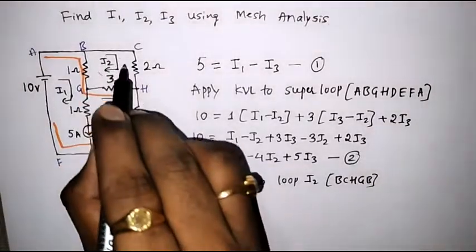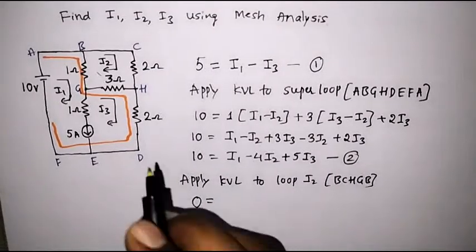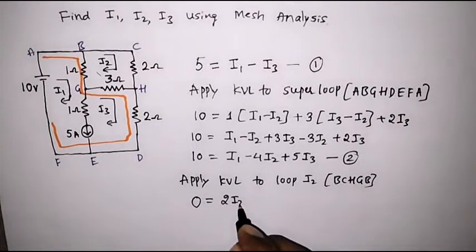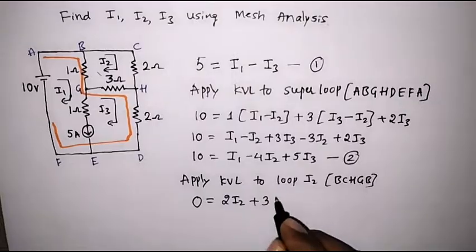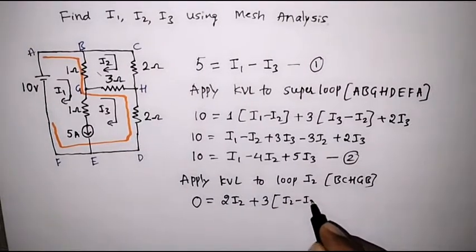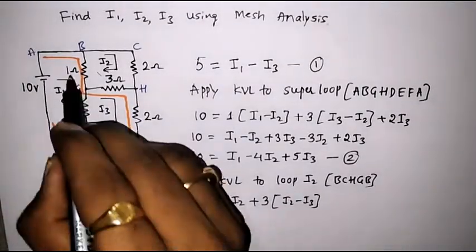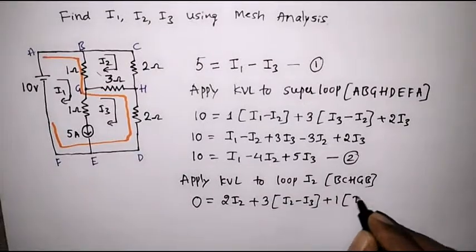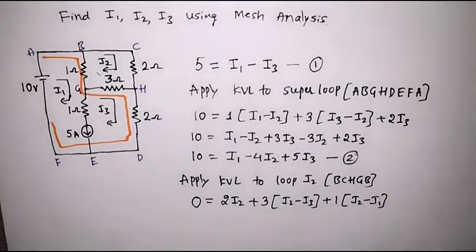In this loop there is no voltage source, so 0 is equal to the voltage across the 2 ohm resistor, which is 2I2, plus the voltage across the 3 ohm resistor, which is 3 into I2 minus I3, because in the 3 ohm resistor both I2 and I3 are flowing. Next, the current flows through the 1 ohm resistor. The voltage across the 1 ohm resistor is I2 minus I1.